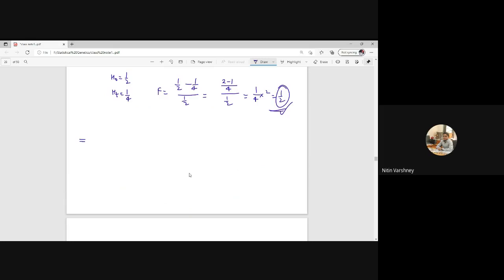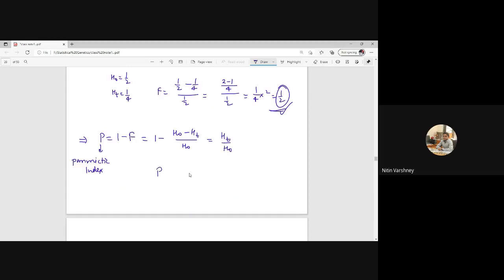If I take capital P is equal to 1 minus F, this P is known as the Panmictic index. 1 minus F, remember this. So 1 minus H naught minus HT upon H naught, after calculating, I will get HT upon H naught.